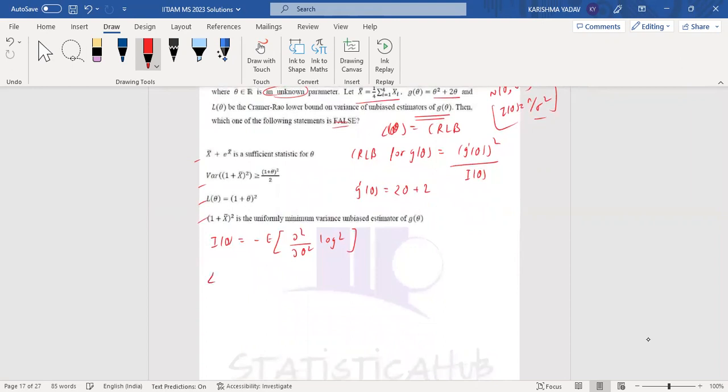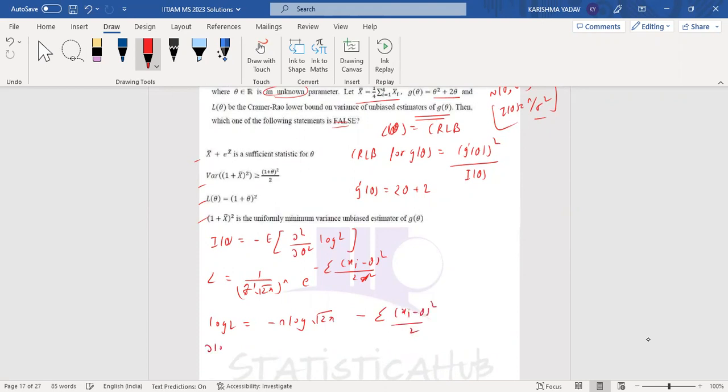Let's find L first, that is (1 by sigma root 2 pi) power n times e power minus sigma (xi minus theta) whole square upon 2 sigma square. As my sigma square is equal to 1, this will go to 1. Taking the log, log L equals minus n log root 2 pi minus summation (xi minus theta) whole square upon 2.